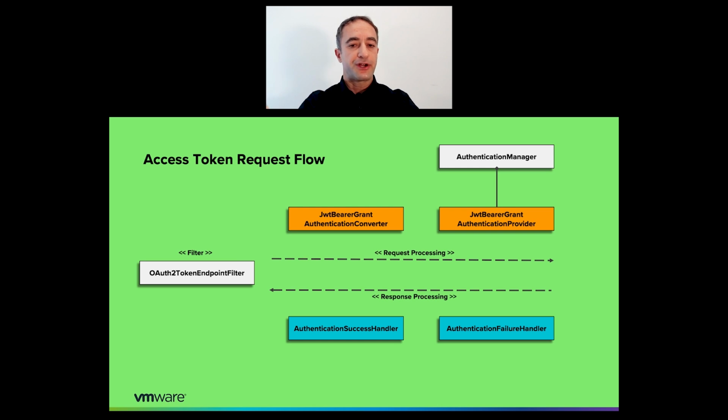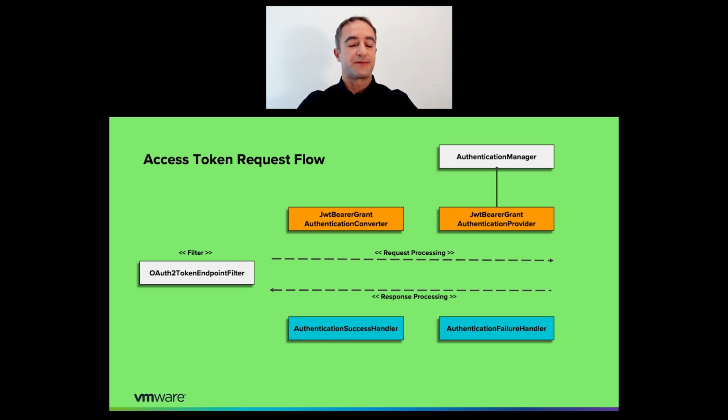It's going to look for the JWT bearer URI as the value. If that's the value, then it'll process. Then it will extract the assertion, which is the JWT, and the scope parameter, and then it'll encapsulate that into a JWT bearer grant authentication instance. It will eventually get passed to the authentication provider here. So this needs to be implemented.